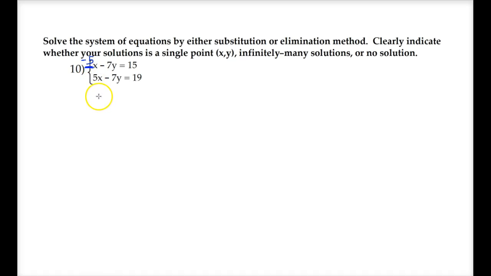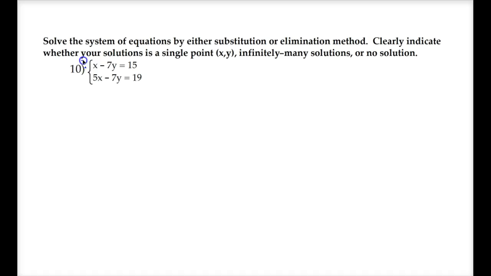To do that, I would have to multiply both sides of the equation by -5, because I can't just put a -5 there and leave everything else alone. So that's one way we could approach this problem.